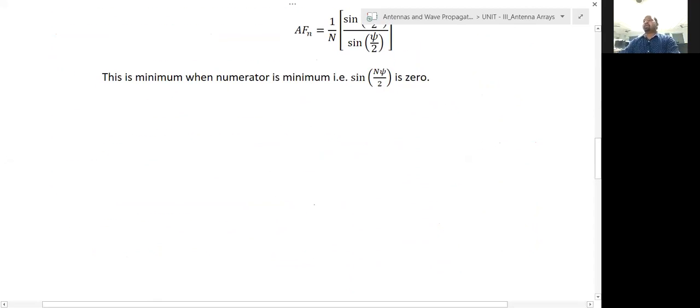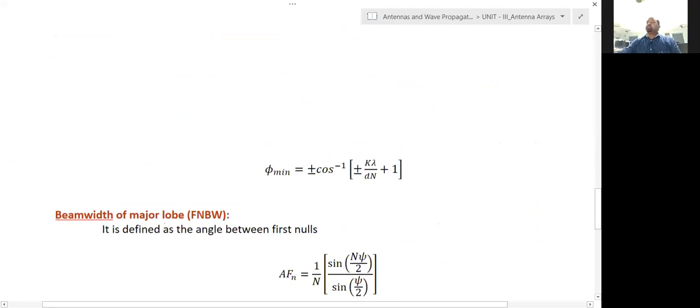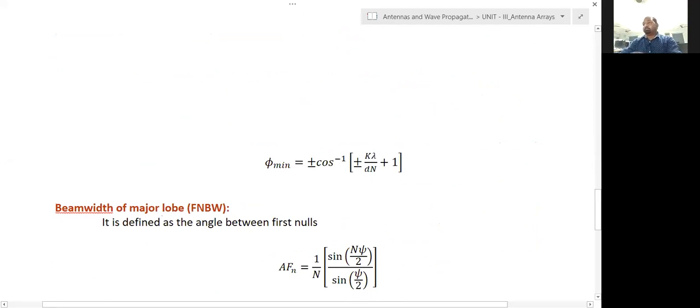And the minimum directions are again the same. I will leave this as an exercise for you. If you do it, you will get this equation, which is the expression for determining the minimum directions, that is, the null directions.